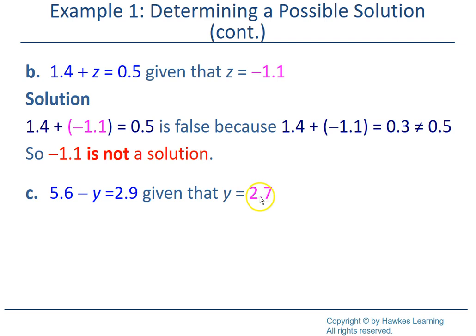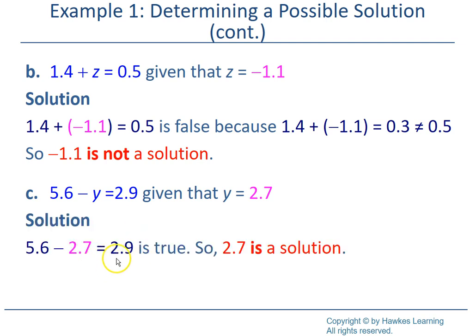How about 2.7 as y? Well, we put 2.7 for y. We do the solution. And when we do the subtraction, this side becomes 2.9, and this side is 2.9. So 2.7 is a solution. I'm going through these somewhat quickly because we've done things like this before.